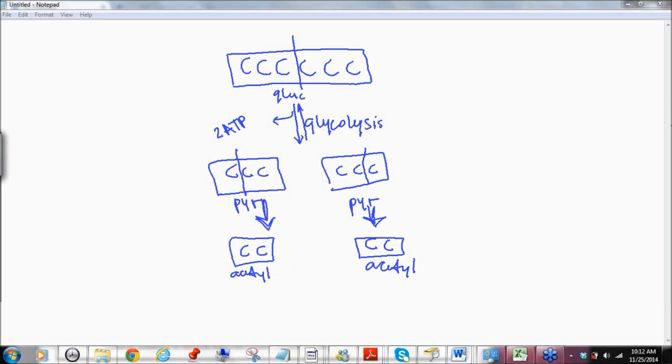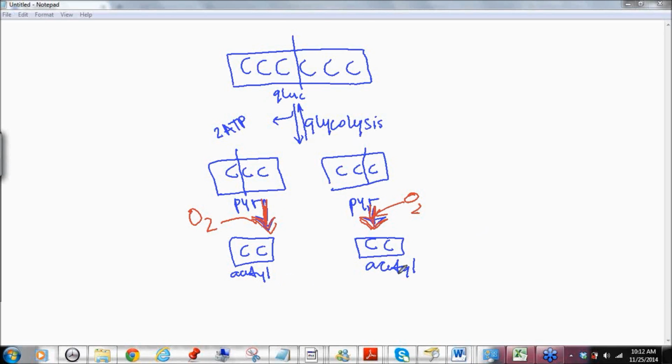This step of turning pyruvate into the acyl group is a one-way process. It is completely irreversible, and it requires oxygen. You cannot do this step without oxygen.